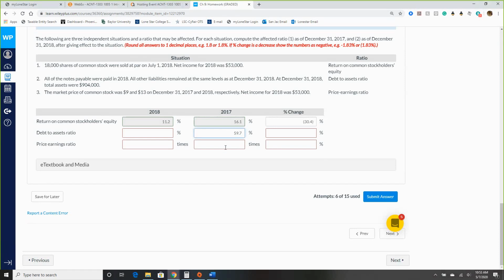Okay. Now it's time to see how we're going to do 2018. So review the scenario and see what's going on. All of the notes payable were paid in 2018. All other liabilities remain the same level at December 31st, 2018. At December 31st, 2018, total assets were 904.